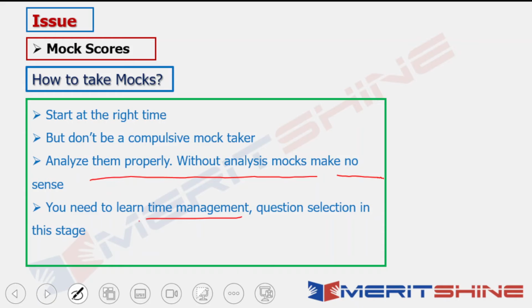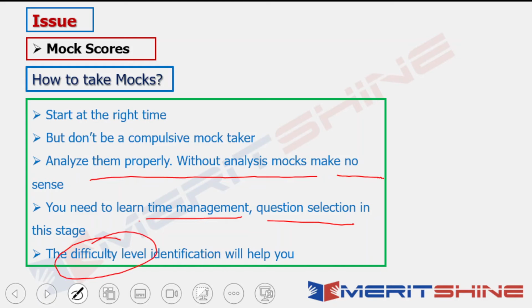So you need to learn time management and question selection at this stage, and the difficulty level identification that you did in the last activity, sectional tests and topic tests, is going to help you a lot. Why? Because how do you select your question? You select your question based on the difficulty level of the question and your strength in that particular area.